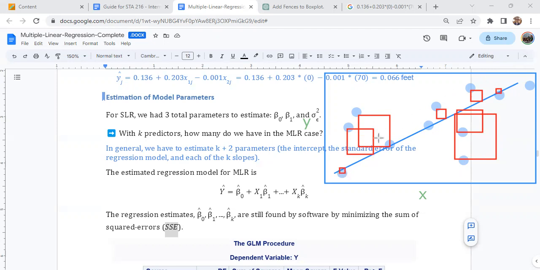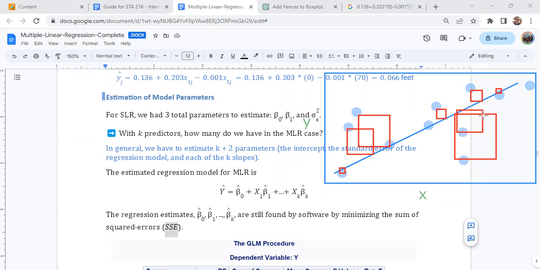What the calculus does essentially is find the straight line through these points that will minimize the sum of the size of all the squares. If you summed up the area of each of these red squares, that gives you the SSE value.